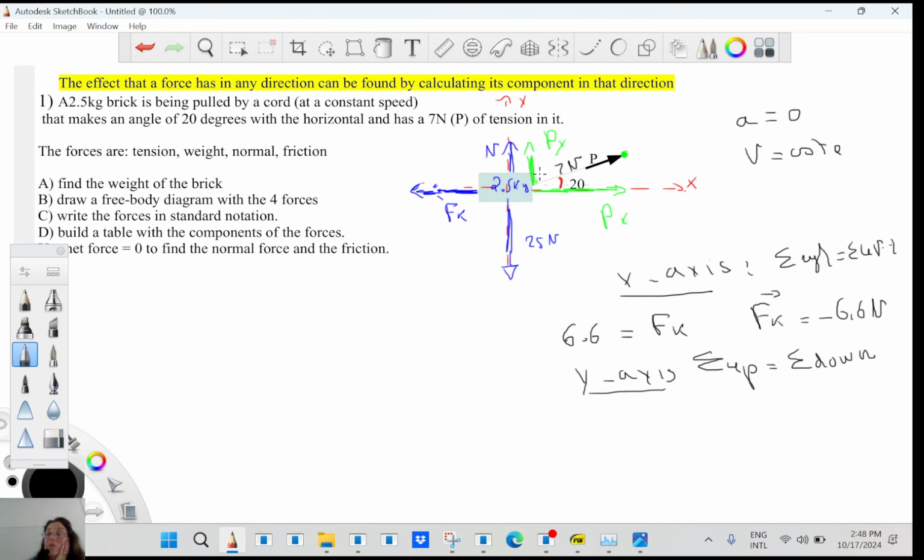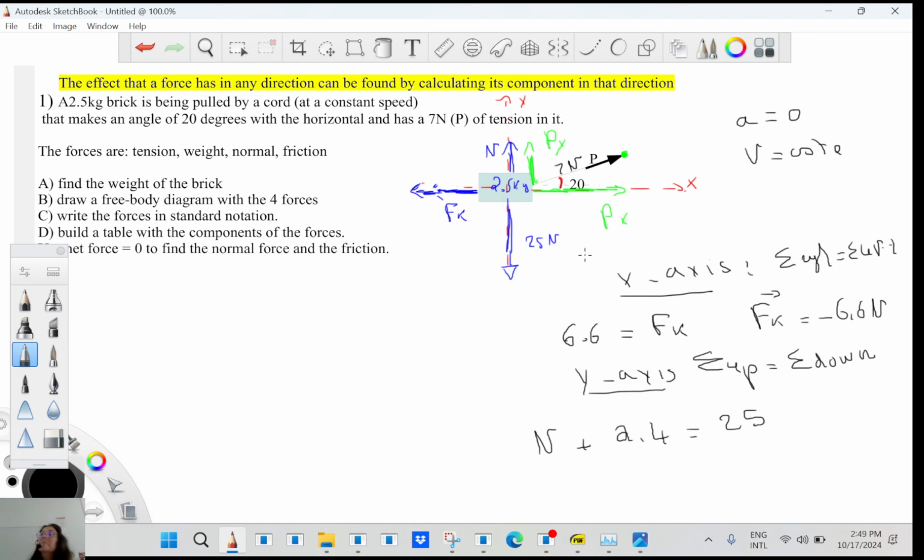Up you have the y component and the normal force, and down you have the weight, right? So you have the normal force plus 7 sine 20, so it's going to be 2.4, equals the weight, which is 25. Is that right?